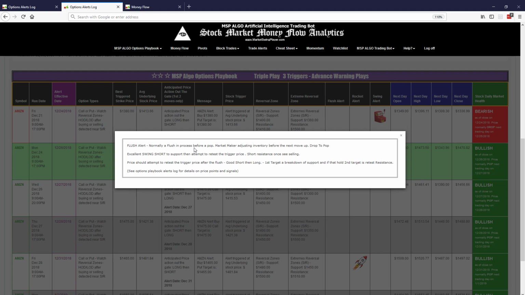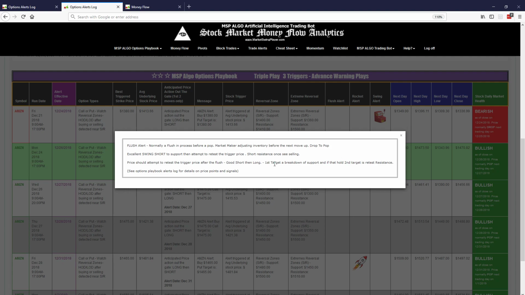Then price is going to attempt to retest the trigger price, and I'll go over that. So it's basically telling you the short resistance once you see selling. Price should attempt to retest the trigger after that flush, and then it may be a good long in the future. Okay.